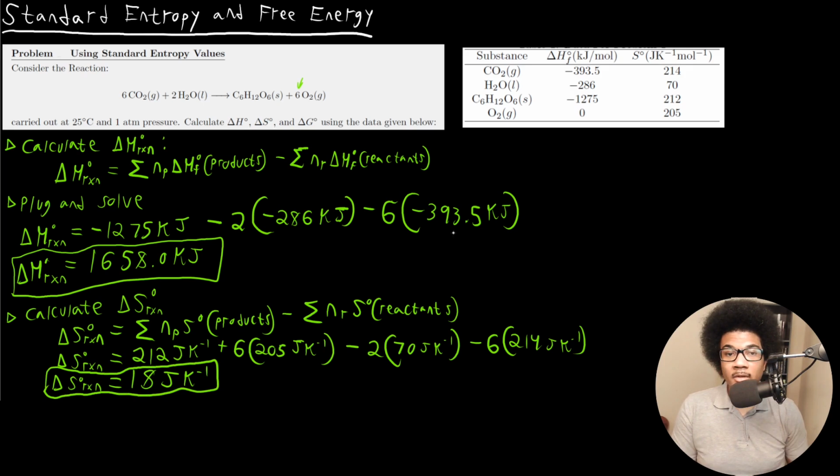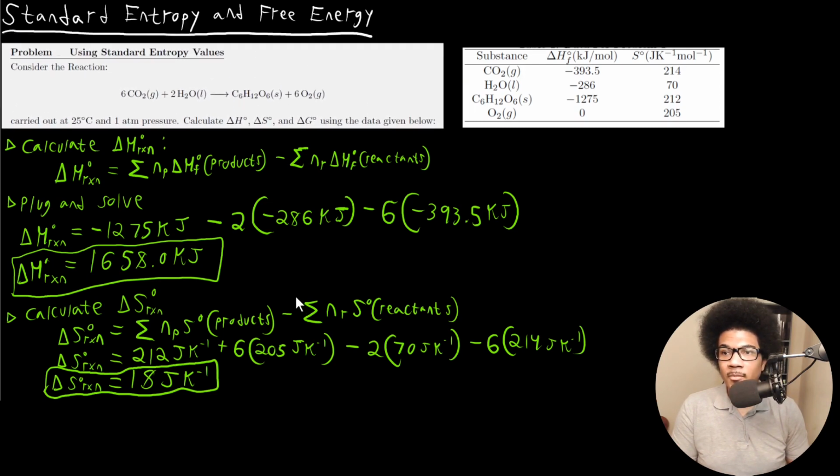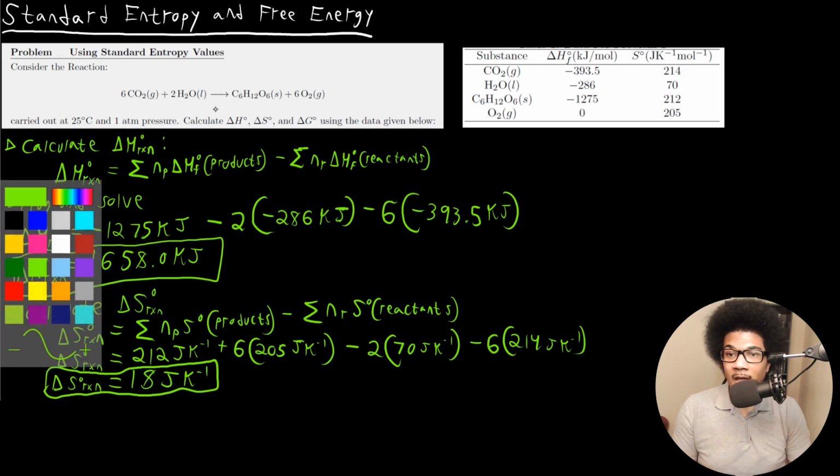All right. Okay. So we have the absolute enthalpy. We have the absolute entropy. So now we just need to calculate the absolute free energy, so our standard free energy for the reaction. We already have the enthalpy, so we just need to get the standard free energy.